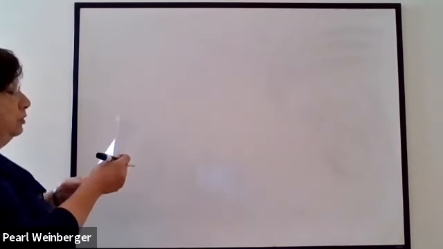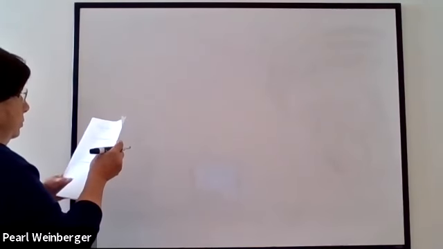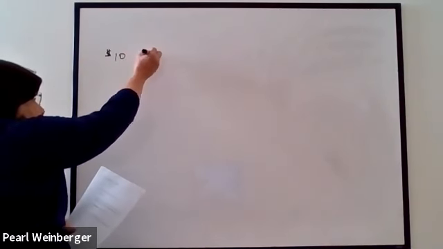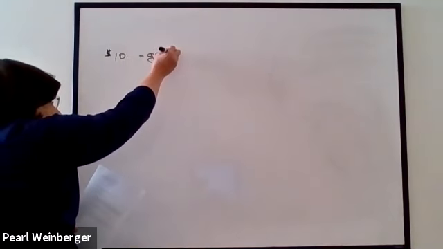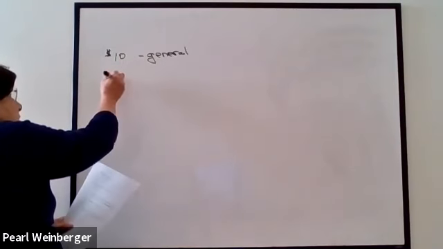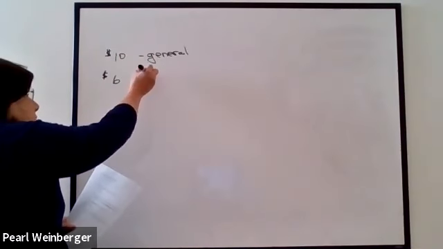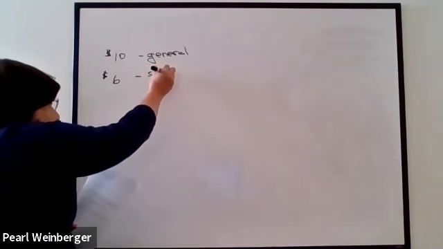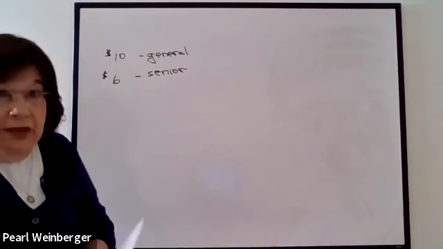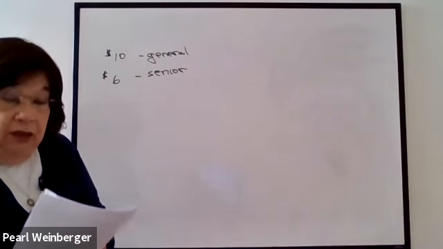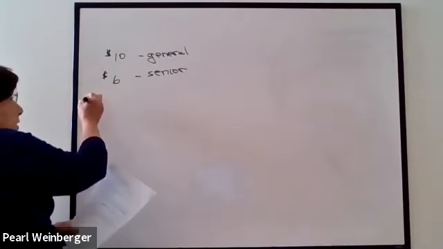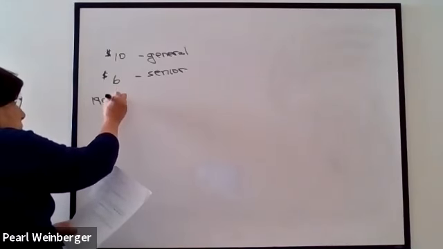So we have tickets to a local movie that were sold at $10 for general admission, and $6 was the cost of each senior ticket. So we have these two types of tickets. The regular price, which is $10 a ticket, and $6 if somebody's a senior. Now here's the information that we have. 190 tickets were sold.